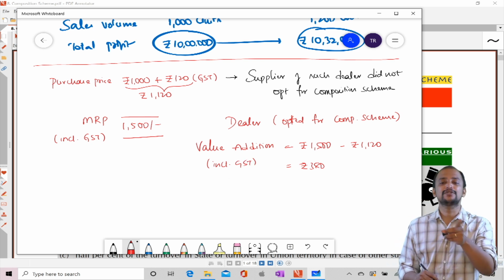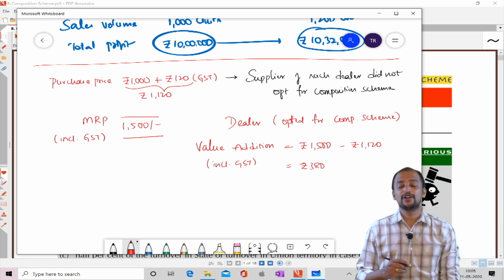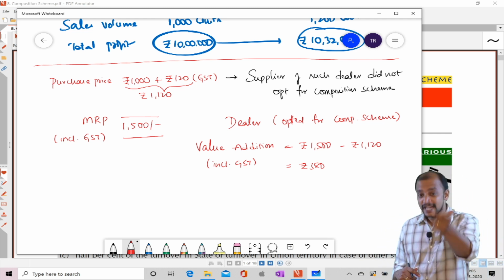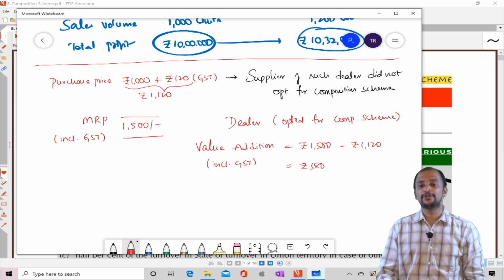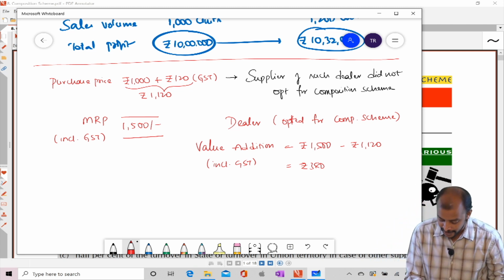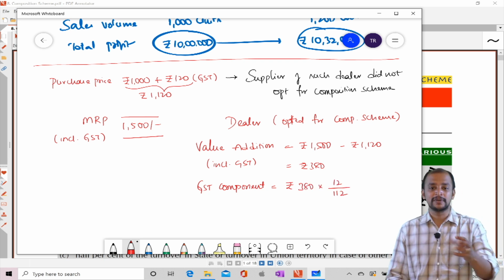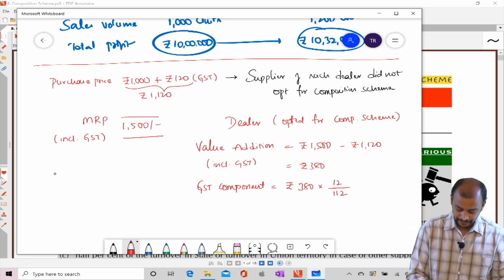But when a person is opting for composition scheme, he should not collect GST from the customer. Which means he needs to take out the GST component. So GST component equals 380 into 12 divided by 112, assuming the rate of GST as 12%.